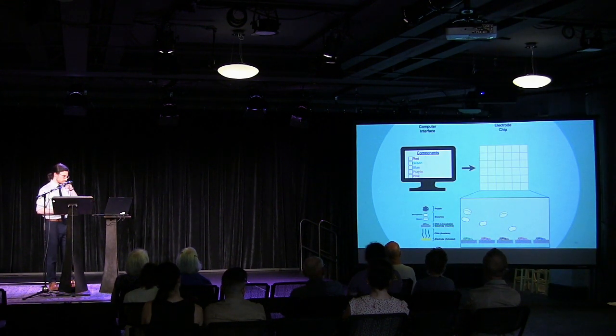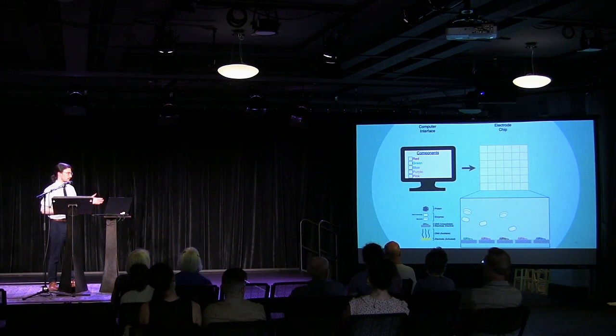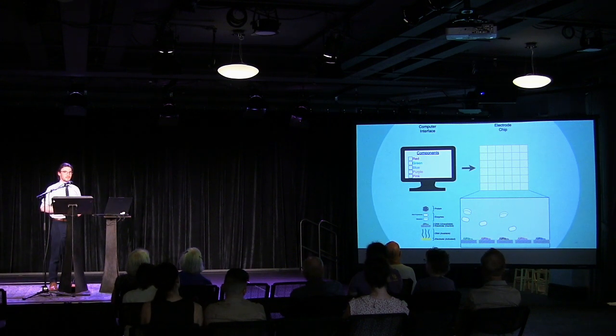In contrast, this is how the device that we're building in the lab that I work in is intended to function. So the device is going to look a little bit like a miniature golden checkerboard, with each square on the checkerboard being an individual electrode that can convey an electric charge.